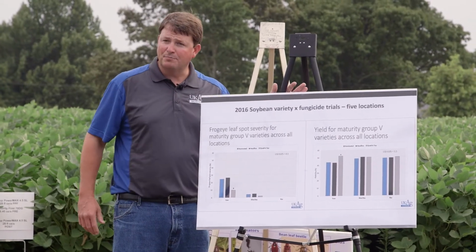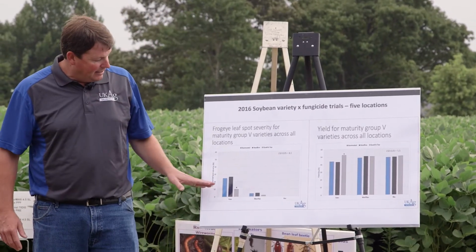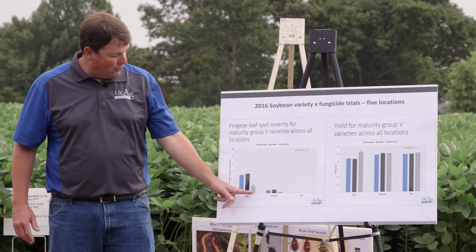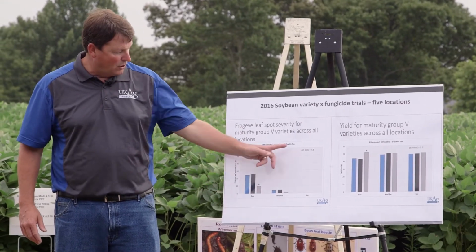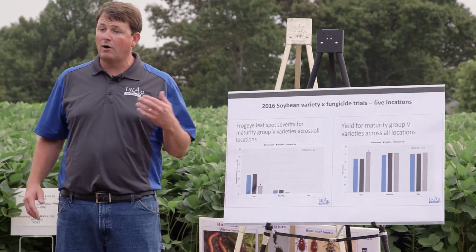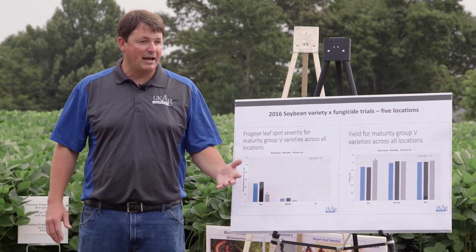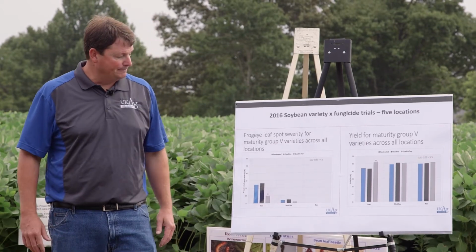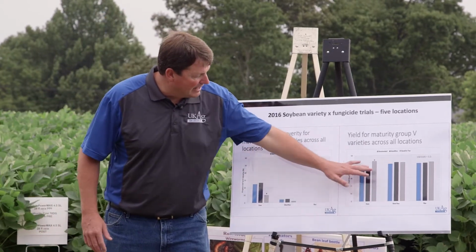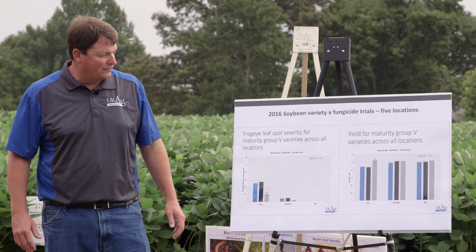How about when we started to spray fungicides? We did see that on our susceptible variety, the only fungicide that worked was Quadris Top. Headline did not work. Why? Because we had strobilurin resistant strains across the state. If you look at yield response, that matches pretty closely with what we saw with disease control.